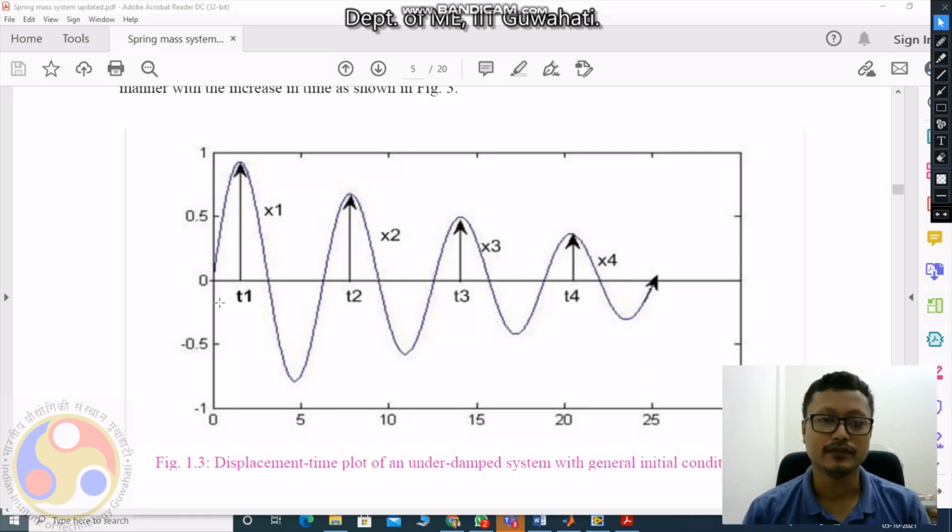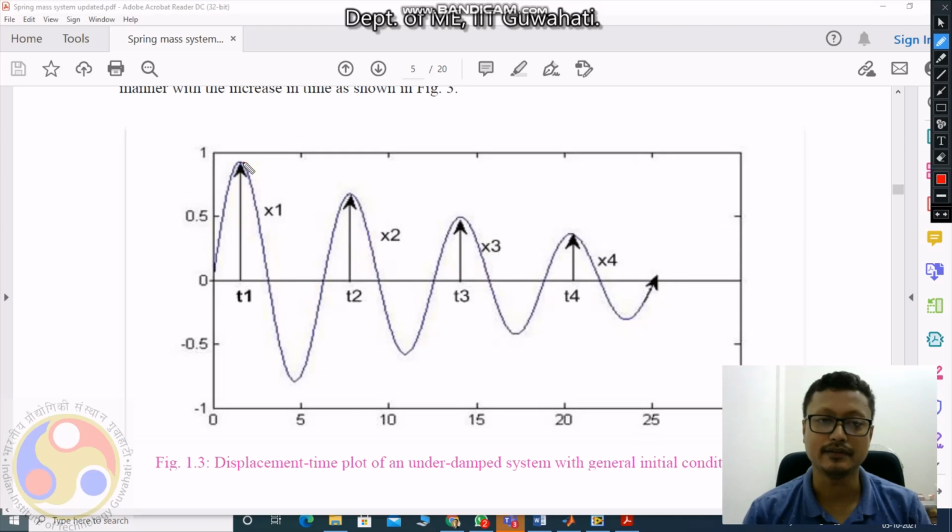In this graph, this is time t1, this is time t2, and this value is x1. This is the damped frequency.